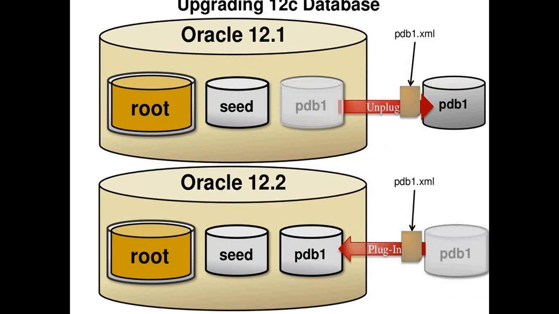Okay. For example, you are having two systems. On one system you have installed Oracle 12.1 and on another system you have installed Oracle 12.2. Okay, so you can unplug PDB1 of Oracle 12c release 1, and by using the unplug command you can unplug into an XML file. For example, that XML file which will be created after firing the unplug command is pdb1.xml.